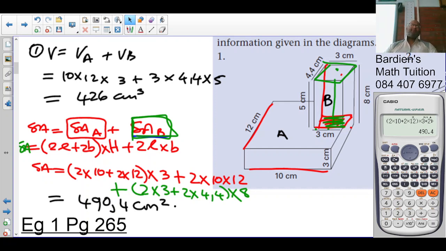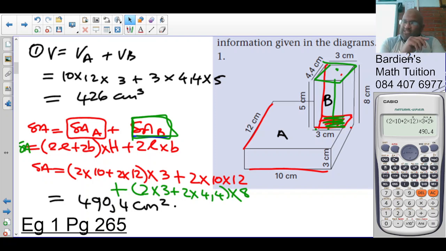Which page are we on? Yes? When they calculate the surface area of the large pyramid, they say 2 for the height and not 3.